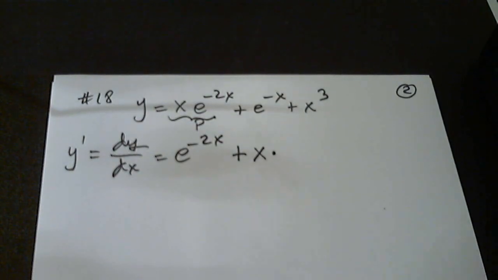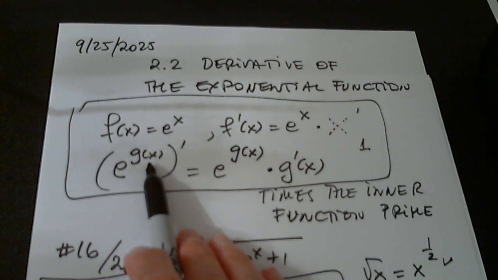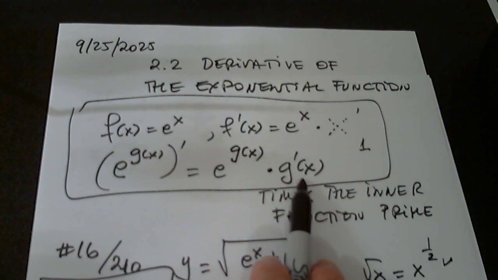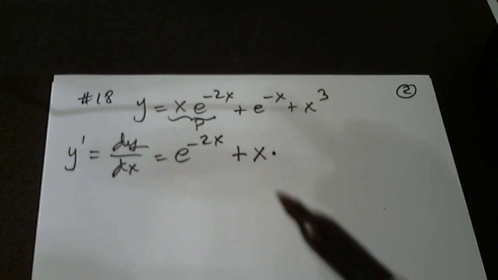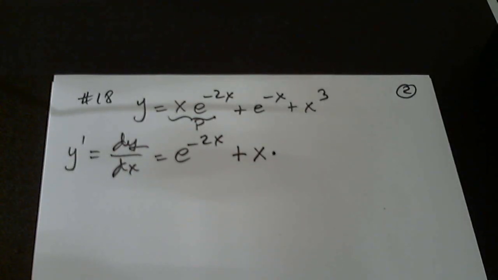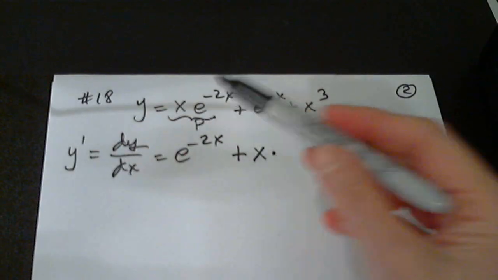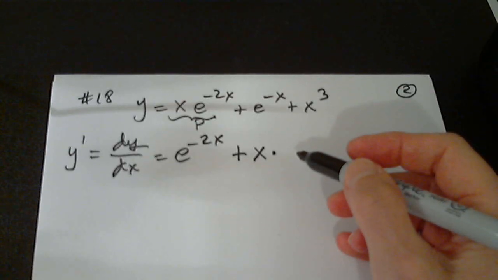Here's the formula. Ready? We want to differentiate e to negative 2x. Is it negative 2e?